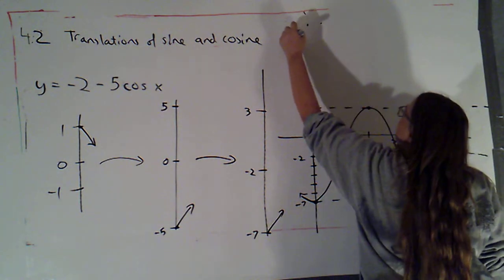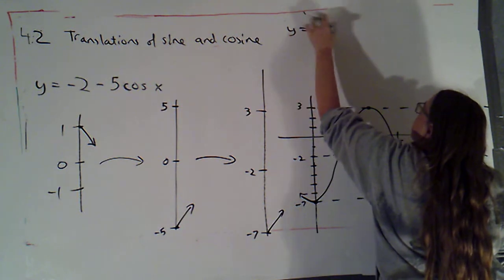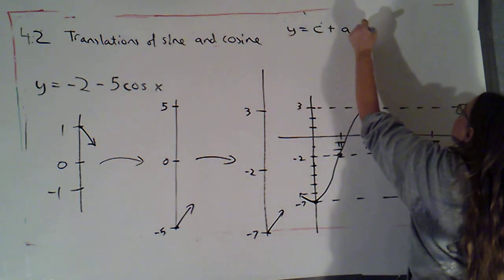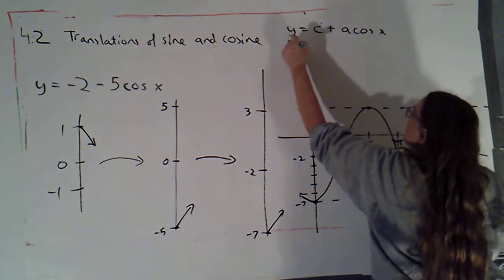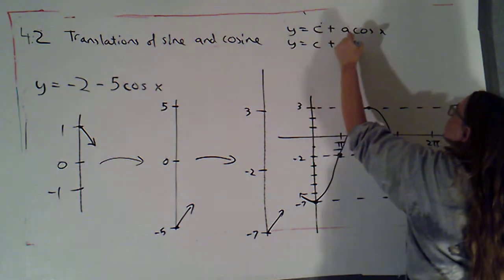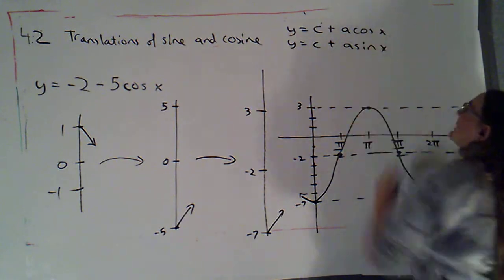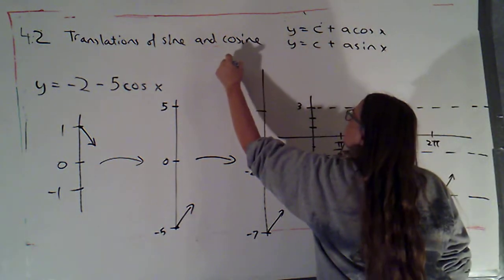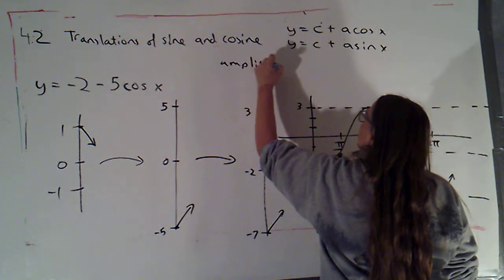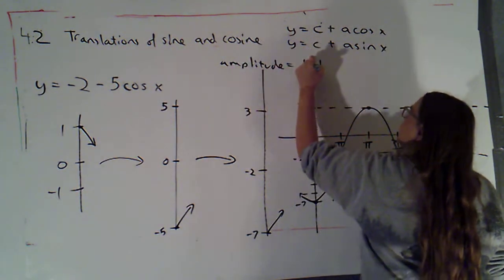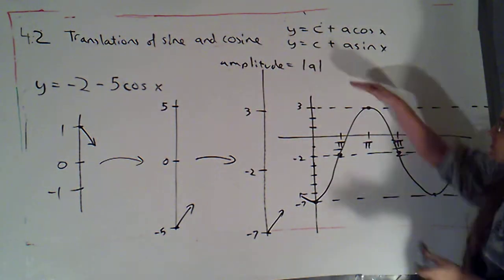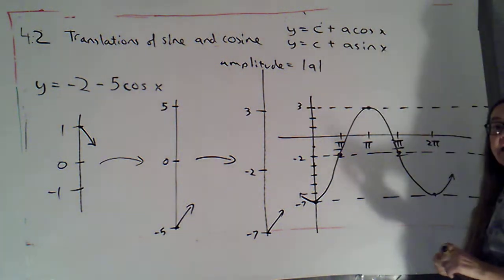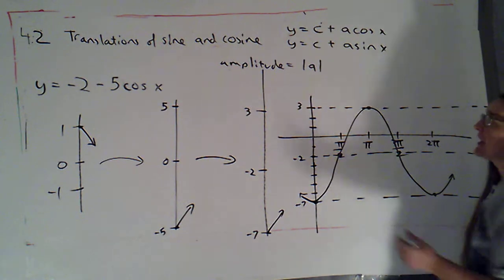In general, if you have y equals c plus a cosine x, or y equals c plus a sine x, okay, the amplitude is the absolute value of a. That's how much you've stretched or shrunk things. And of course, if a is negative, that means you've done a vertical flip as well.